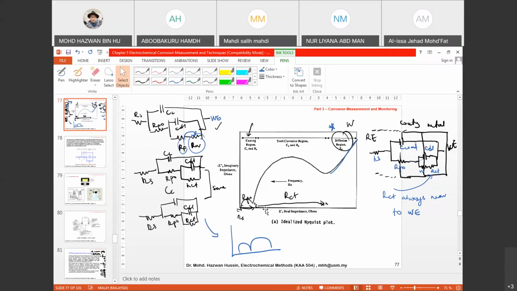So, probably if you follow the flow like this, maybe you indicate RS will be first, and then after that RPO, RCT, and then Warburg. But as I said, Warburg only happens after you have saturation. So that is why RCT is always near to the working electrode. Then only you will have an effect of Warburg or diffusion.